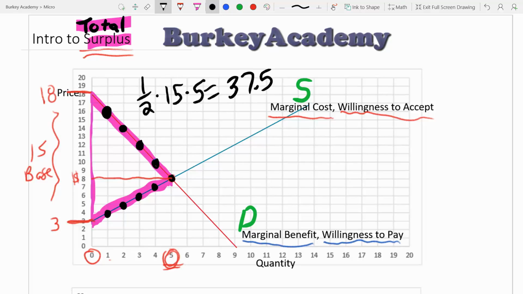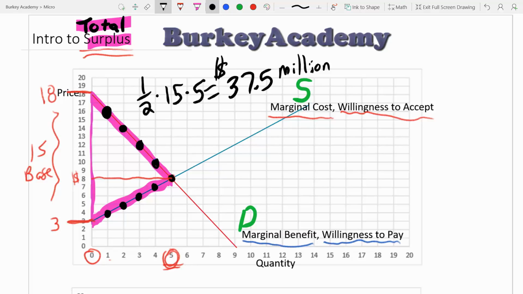Now, instead of just calling this 37.5, let's talk about the units. Now, if these prices are in dollars, then it would be $37.50. If the quantities were in millions of units, then this would be $37.5 million, right? It just depends on what the units are that we're talking about, but it's in a measure of value, some kind of currency.